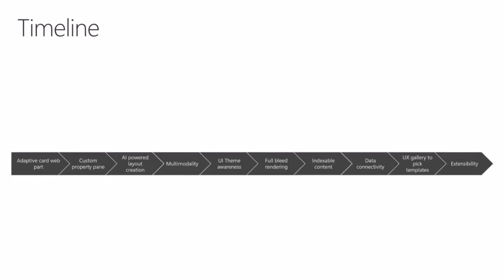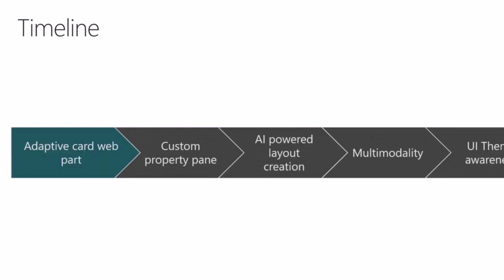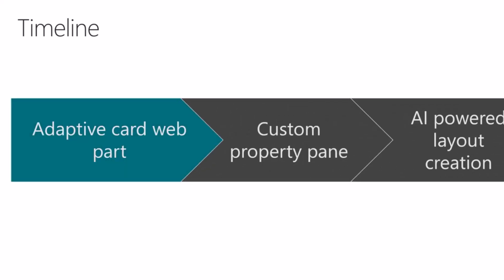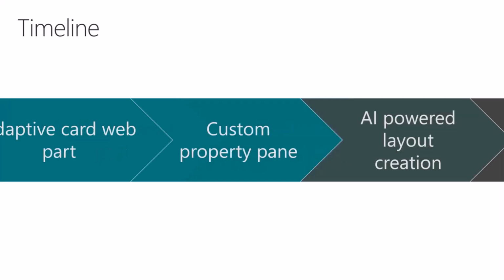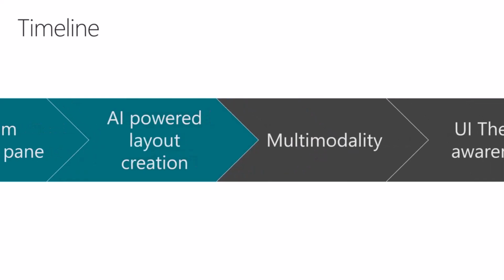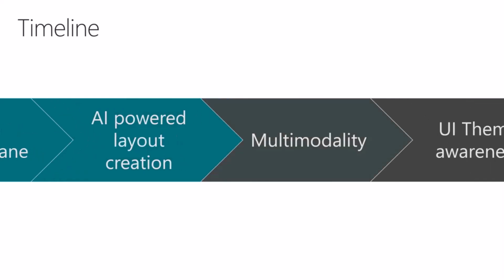So what does this timeline look like? Over the next 10 or so sessions, we'll be doing the following. We'll introduce the adaptive card web part or the web part creator web part. We will show you how to create a custom property pane that suits our needs. And then we'll introduce the AI-powered layout creation.